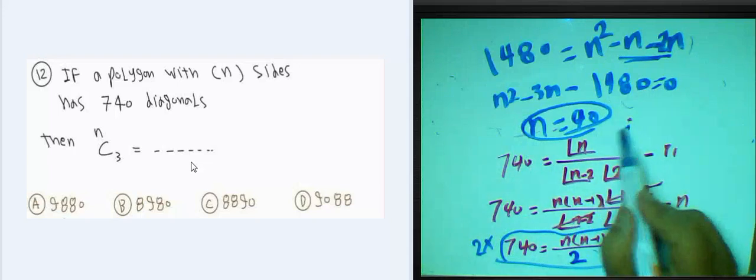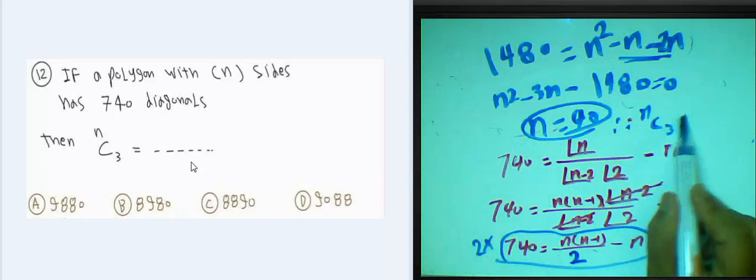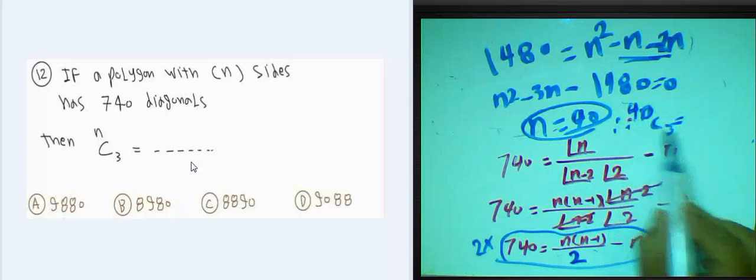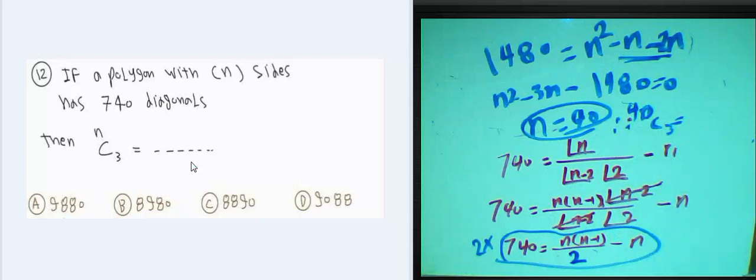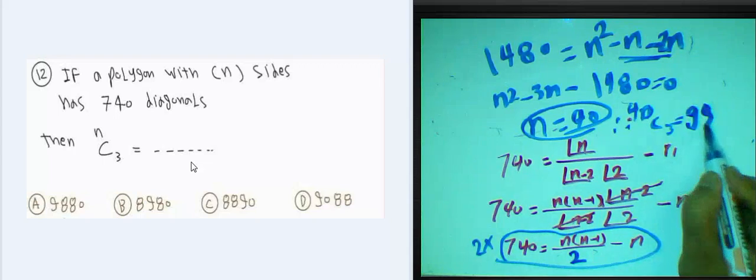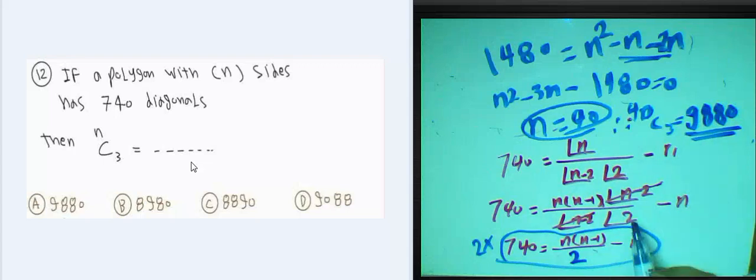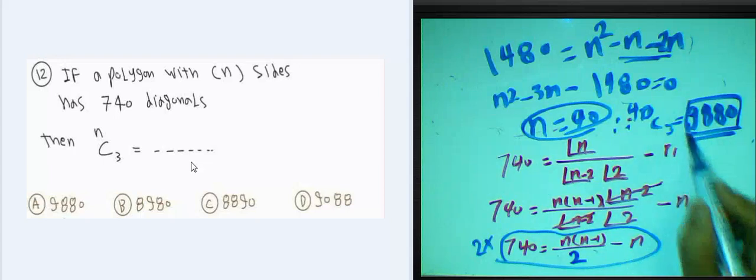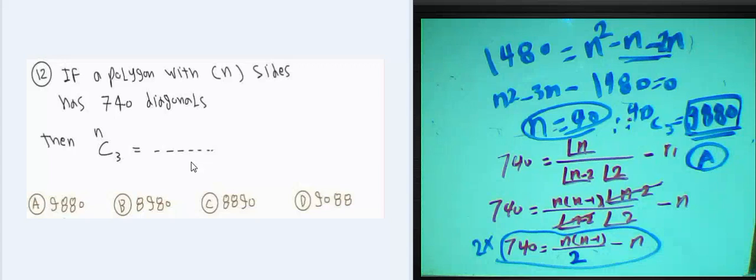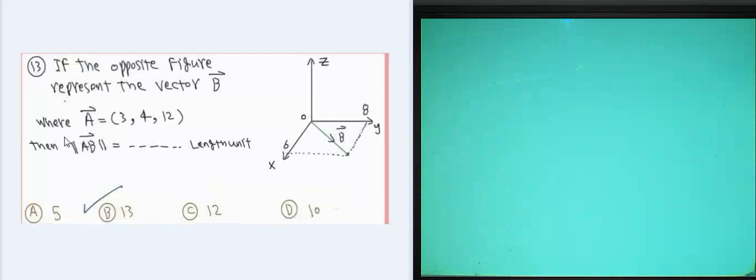Then n combination 3 with n equal 40: 40 combination 3 using a calculator is 9,880, letter E. Choose letter E.